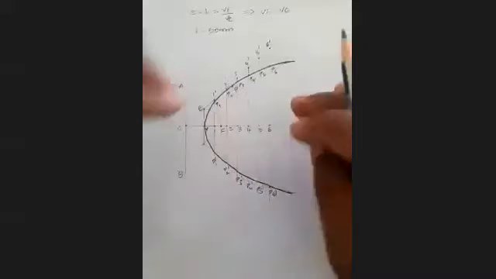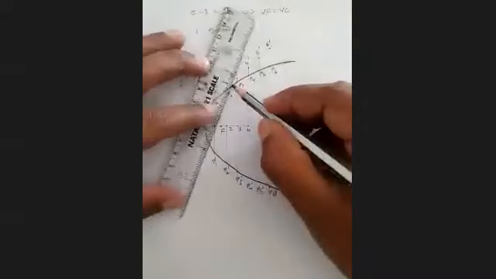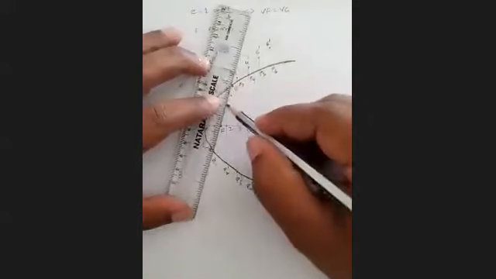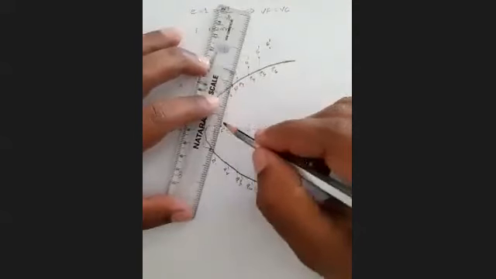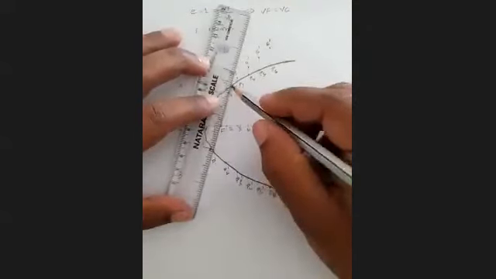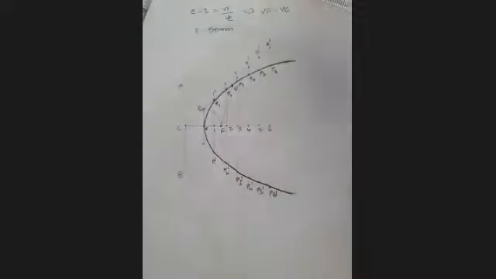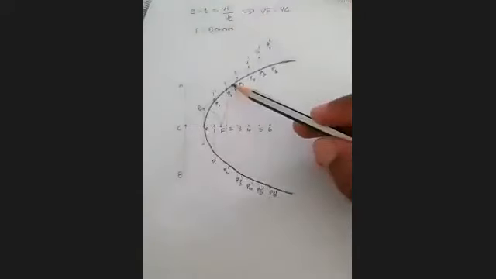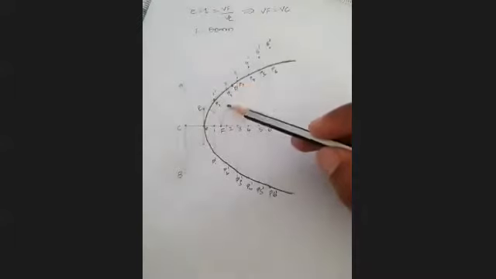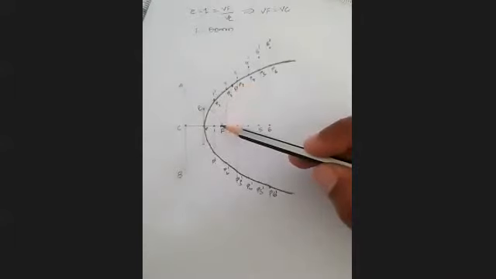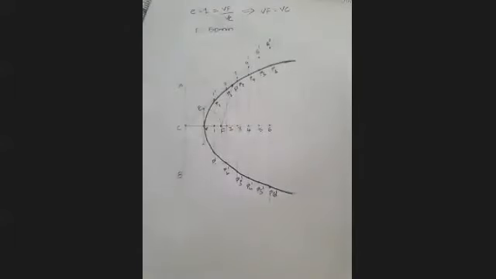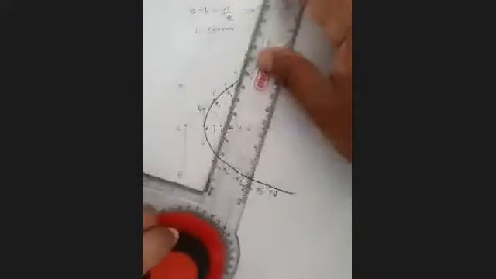Now you join that point to the focus. Join PF. So to this PF line, you are supposed to draw a perpendicular line from F. For that, see how I am doing.